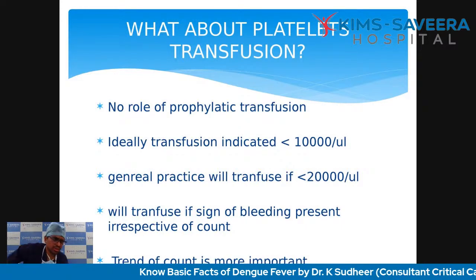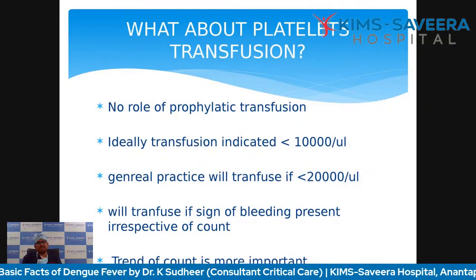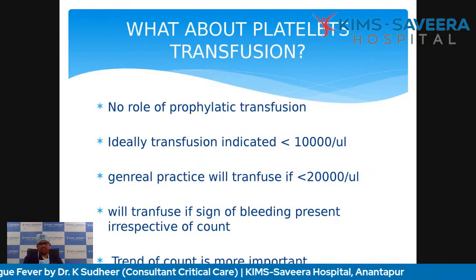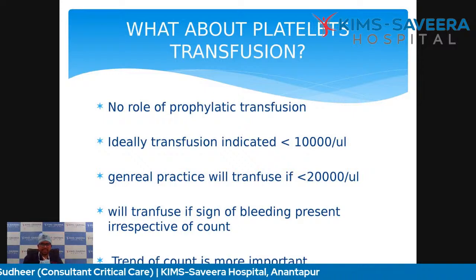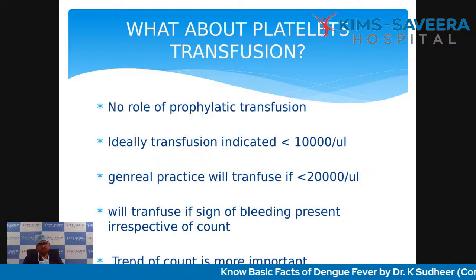Many people will doubt this and say, sir, we are expecting the platelets to go down, now it is 50,000, why wait for that stage? Let's give it at 50,000. No, it doesn't work like that. It will cause more complications rather than helping the patient. So, there is no role for prophylactic transfusions.